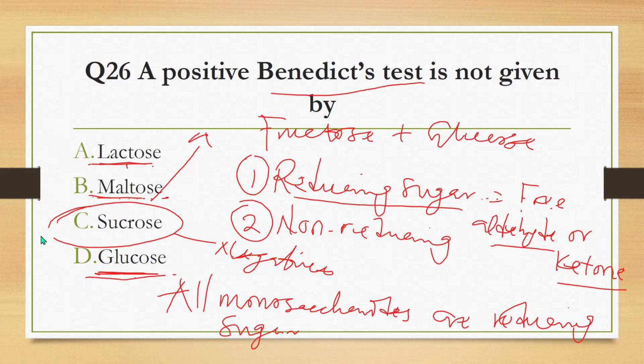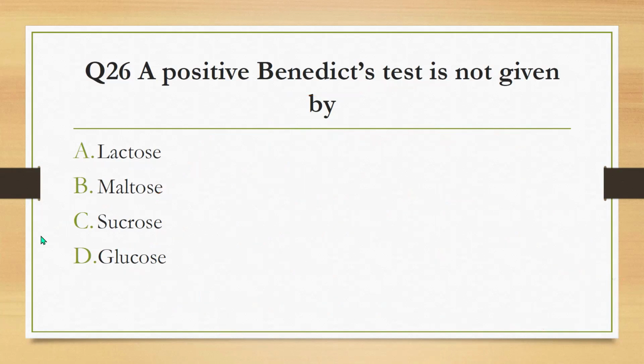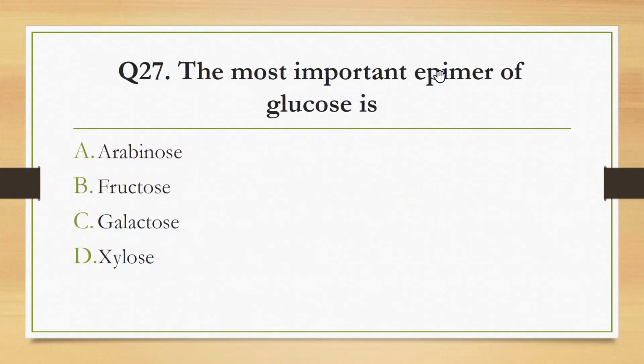So let's look at the next question. The next question is: the most important epimer of glucose is. Epimer is actually one form of isomerism, when you have, for example, a carbohydrate with more than one chiral carbon.